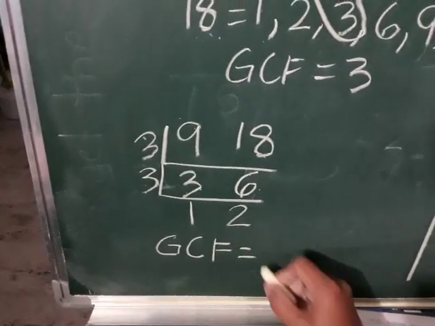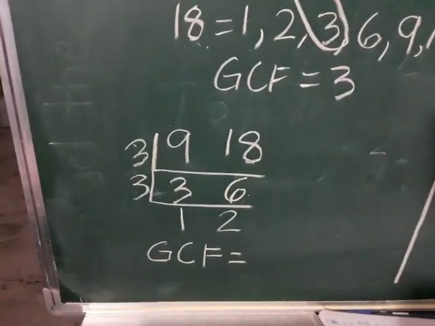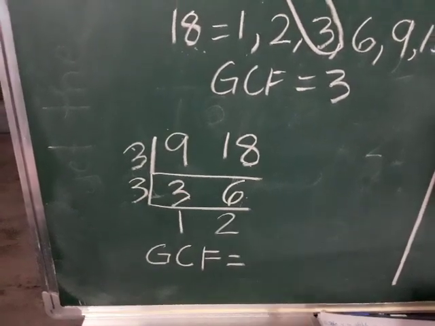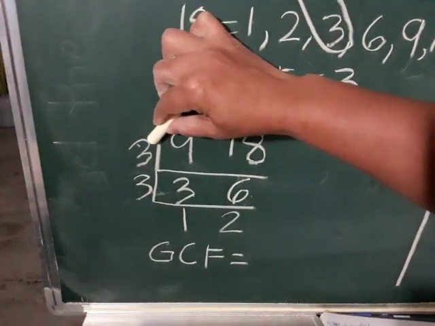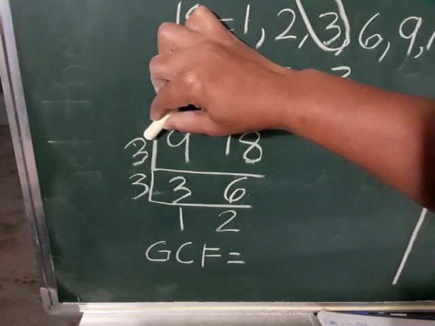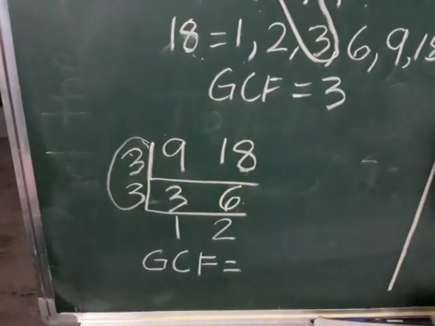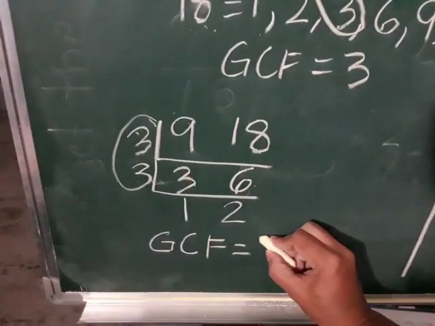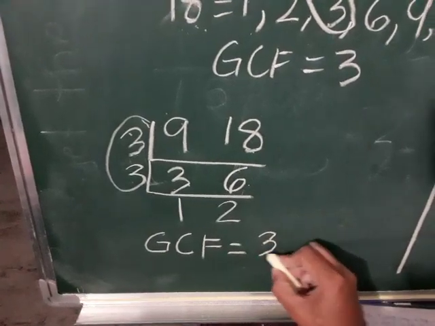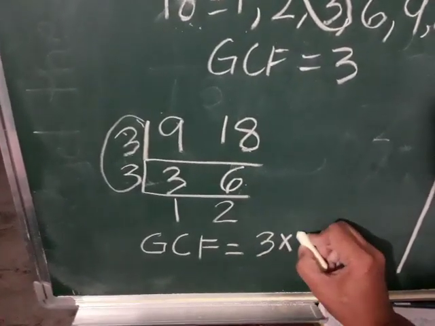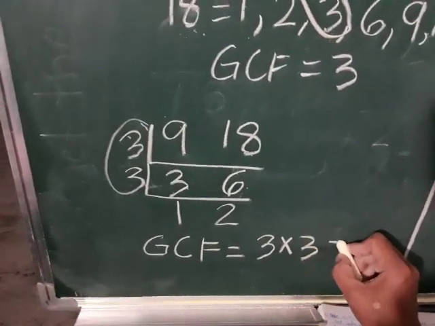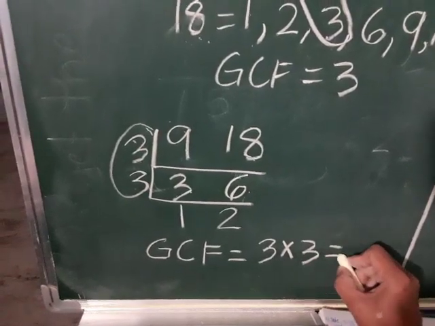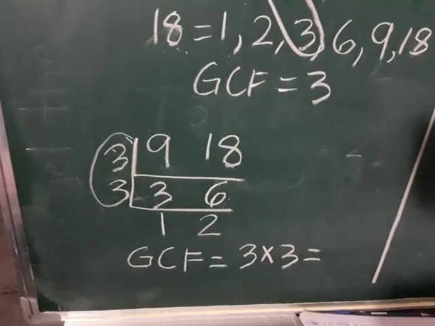To get the GCF, we just need to multiply the two numbers on the left. This one. Okay, so we have 3 times 3, which is, what is the answer? 9.